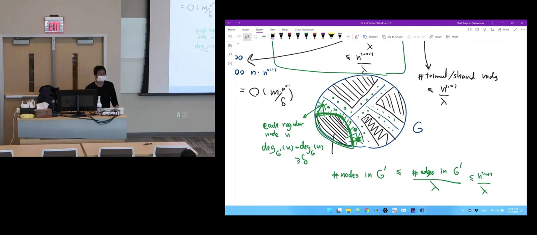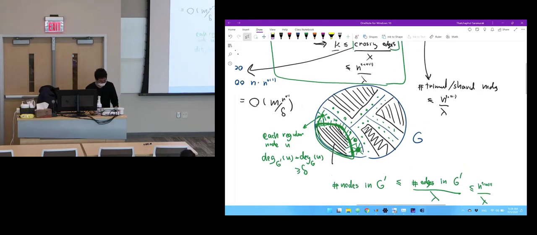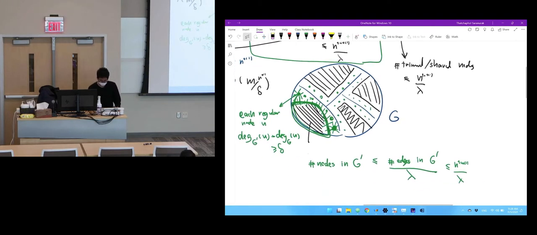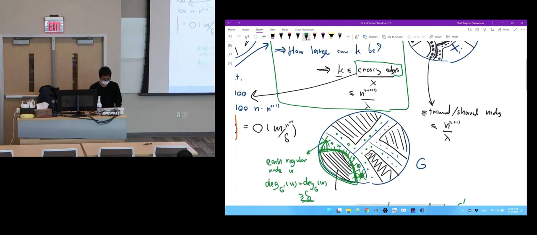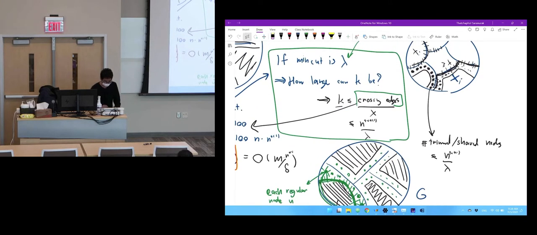So the other one will be a better bound. The other one here you have delta, which might be better. But for the number of supernodes here, I only get lambda.